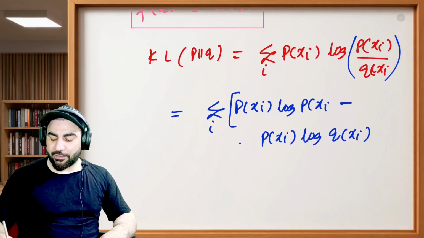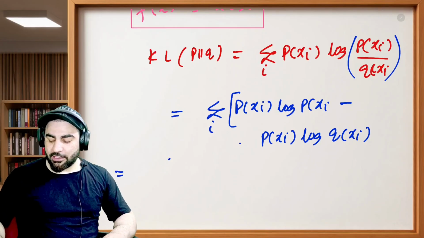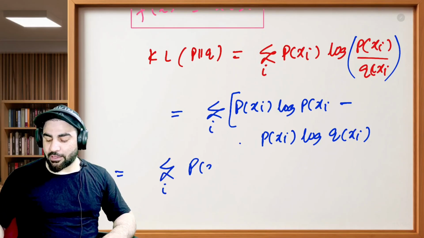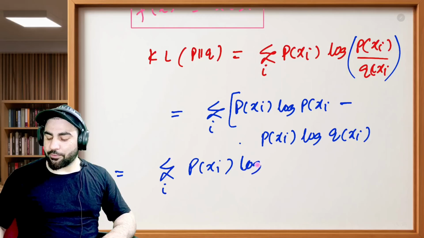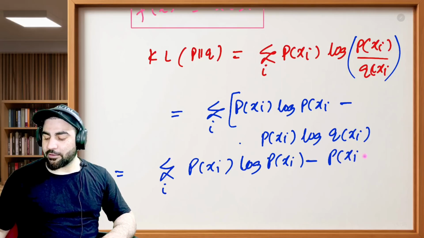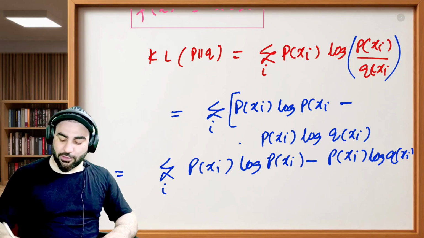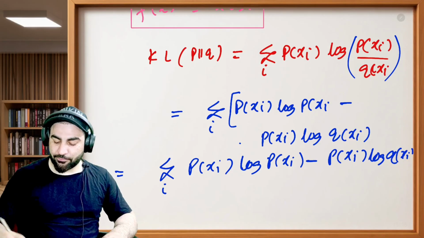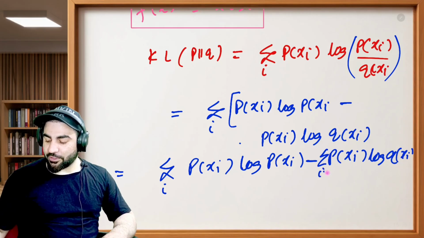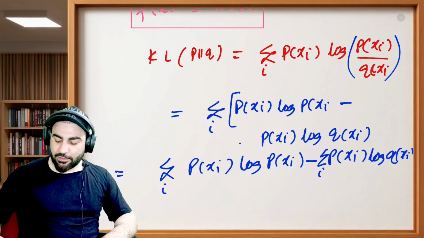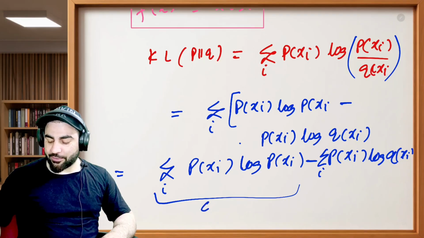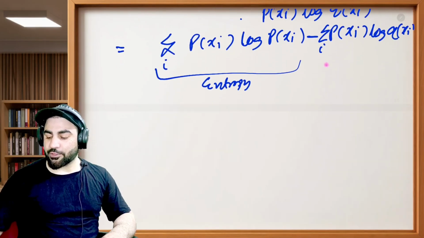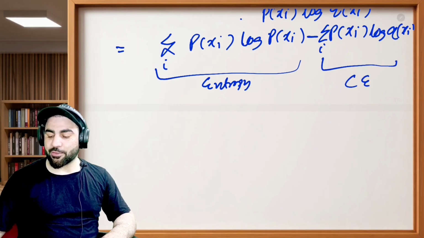If I give a summation separately to both of these, I get the summation over i of p of xi log of p of xi, minus the summation over i of p of xi log of q of xi. This first term is entropy, and this second term is cross entropy.